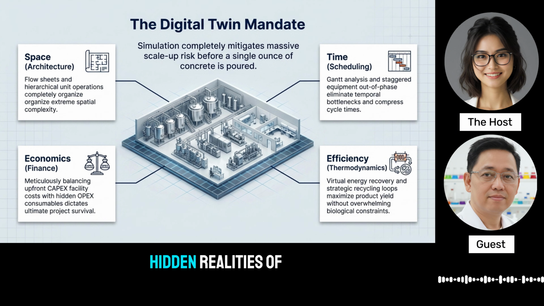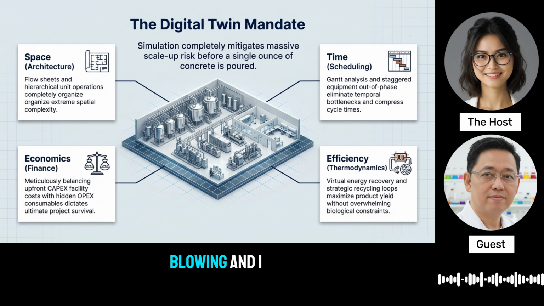We exposed the hidden realities of CapEx and OpEx and how consumables act like expensive printer ink. And finally, we saw how engineers squeeze out maximum efficiency using virtual heat swapping and mathematically perfect recycling loops. It truly demonstrates why process simulation is the backbone of industrial engineering. You optimize the timeline, balance the checkbook, and mitigate risks all inside a computer.